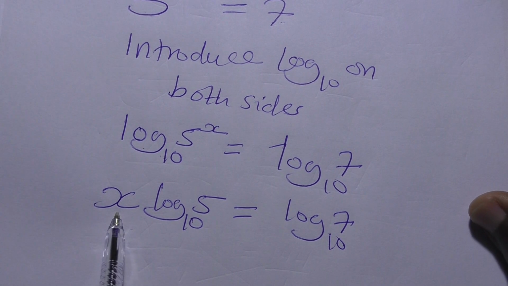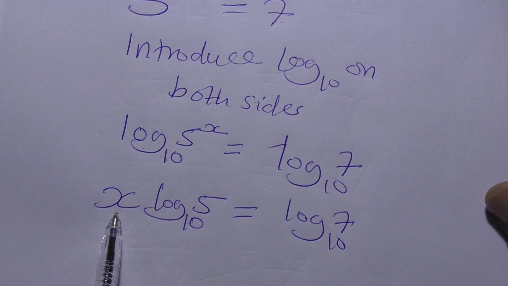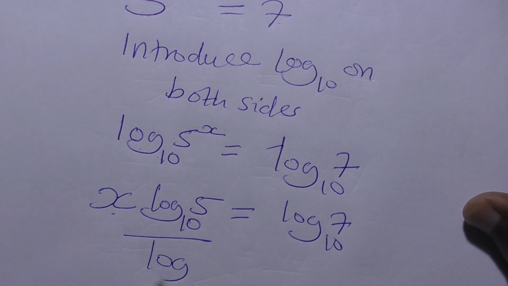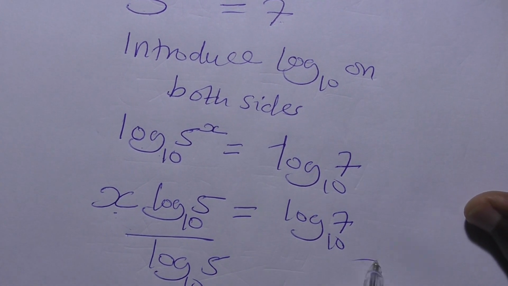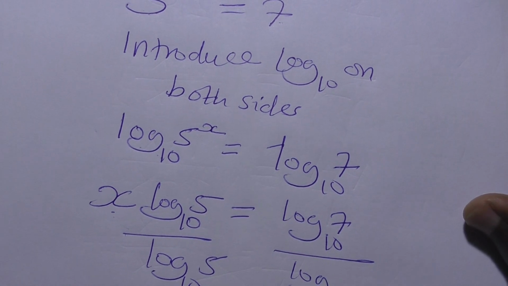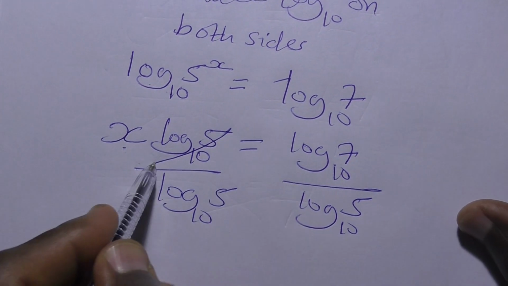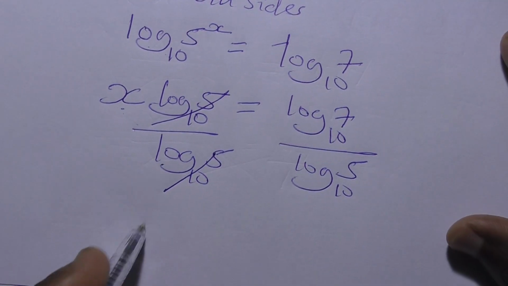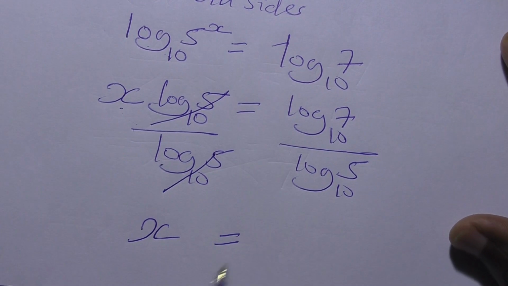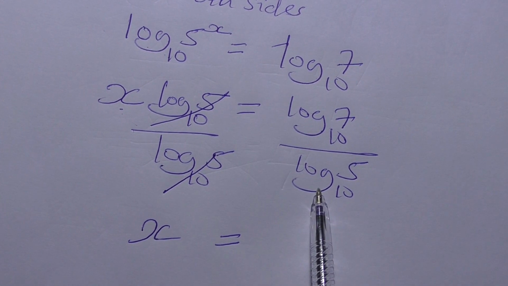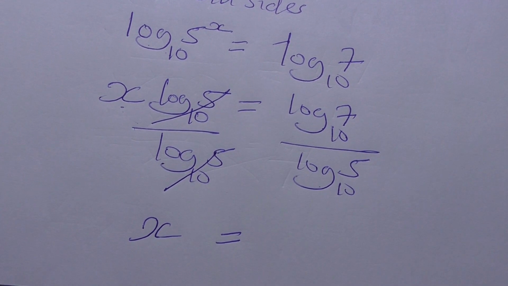Since we are interested in finding the value of x, we shall divide by log 5, thereby getting our x as log 7 divided by log 5. You can use your calculator.